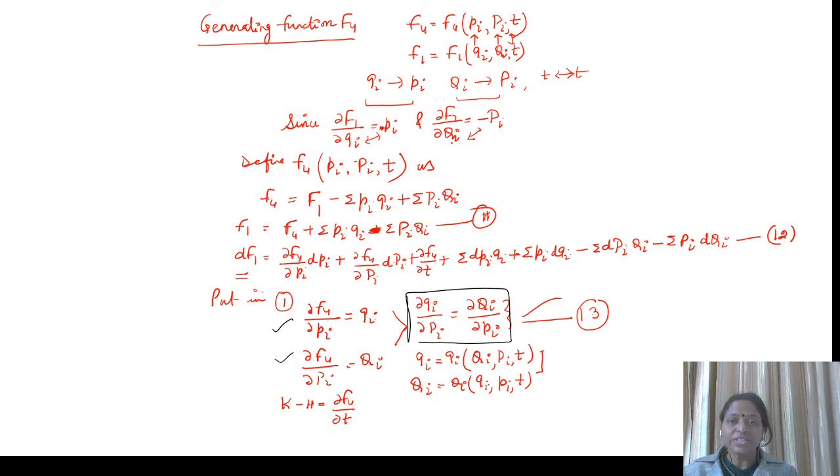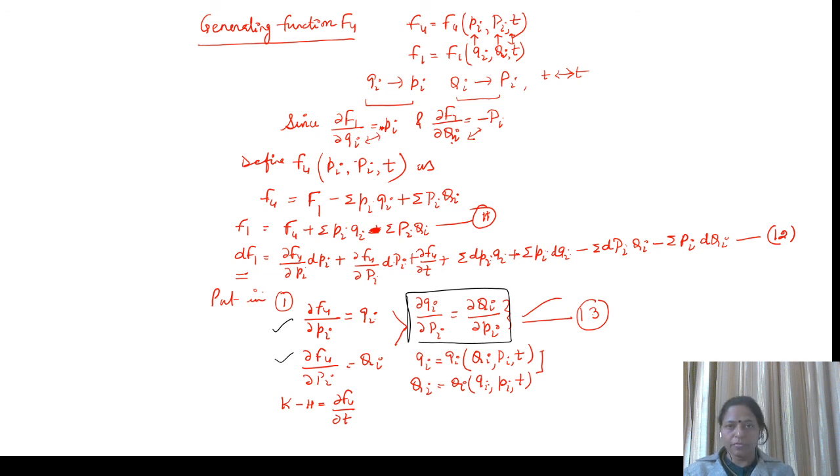They are known as generating functions because they are generating the transformation equations of our choice. We are requiring the coordinates to be transformed in such a way that your problem becomes simple, and your coordinates may become cyclic.